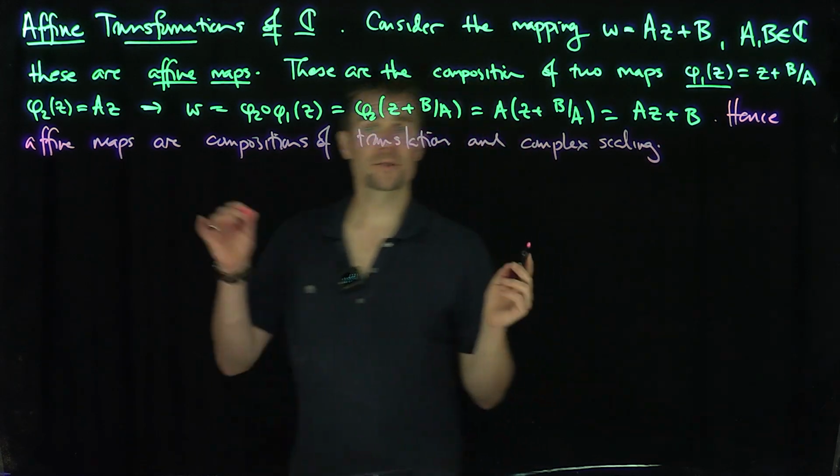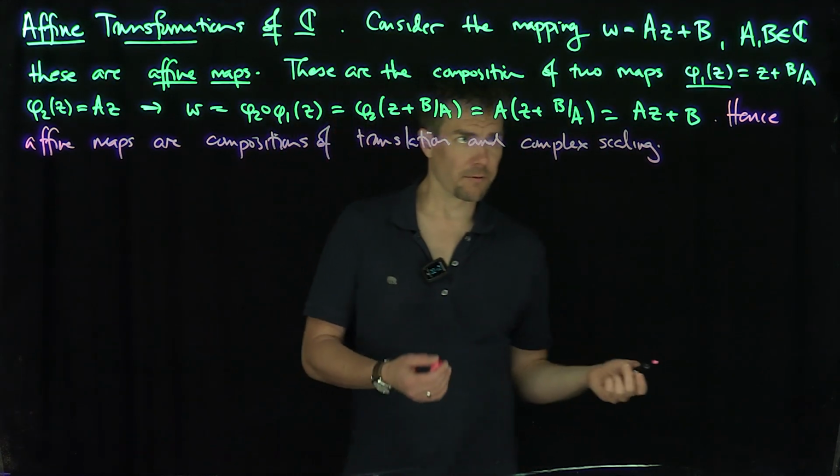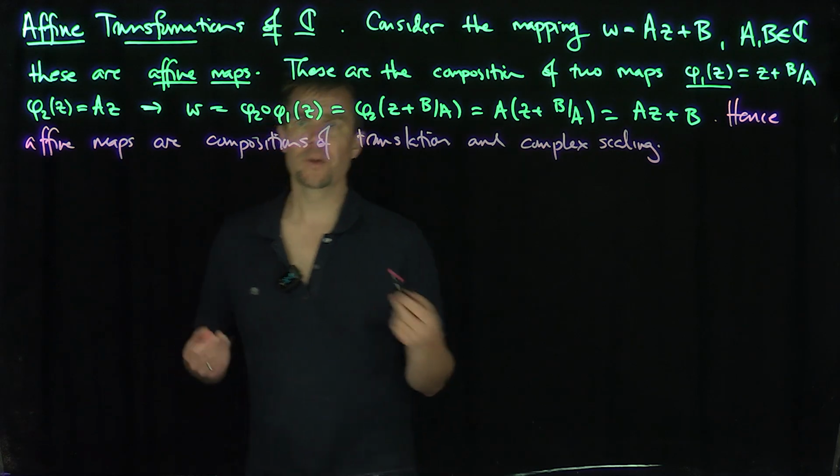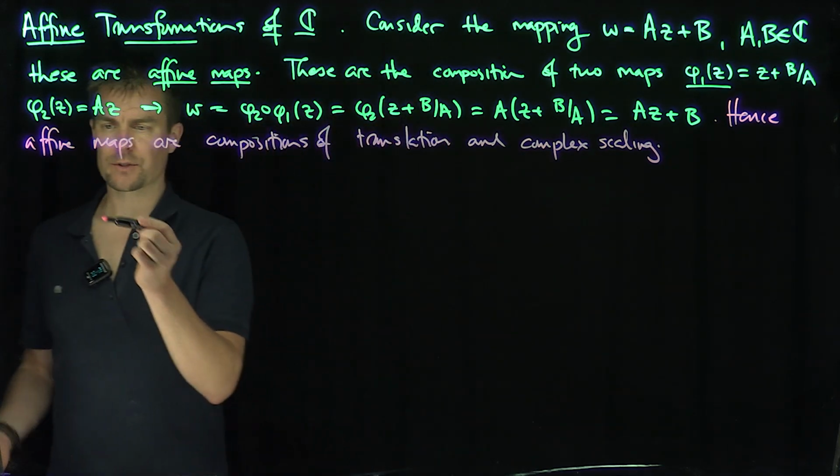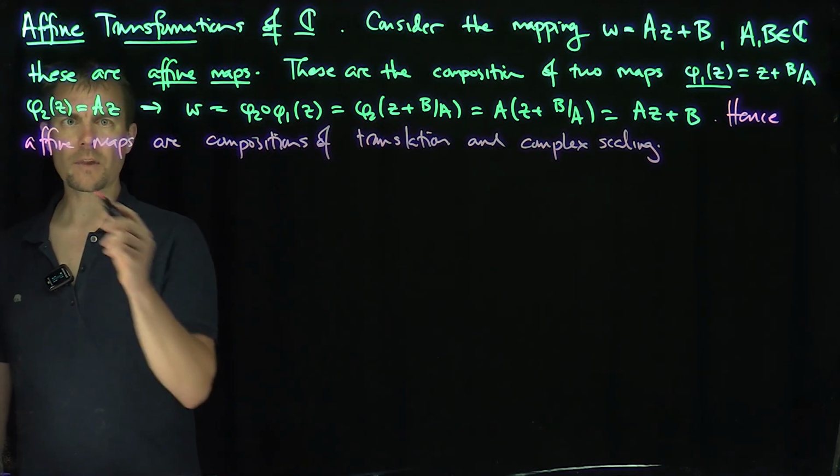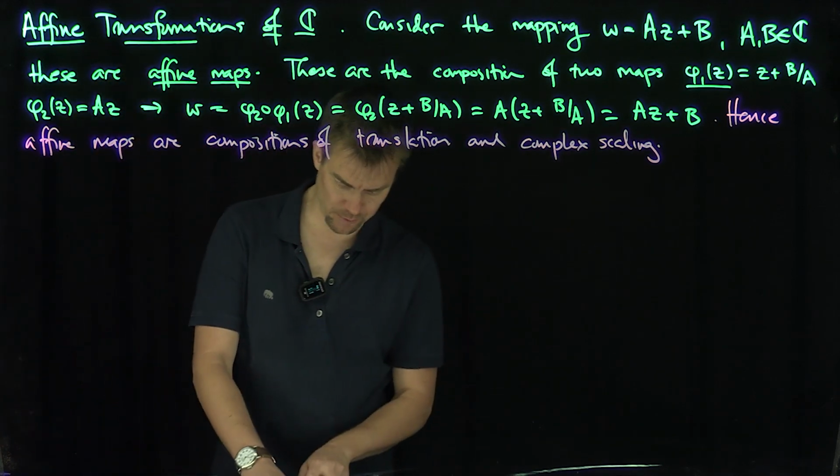Good. So let's analyze what happens with phi 1 and phi 2. We're going to take a region and figure out what happens, with an example. Let's analyze phi 2 carefully. So here's a proposition.